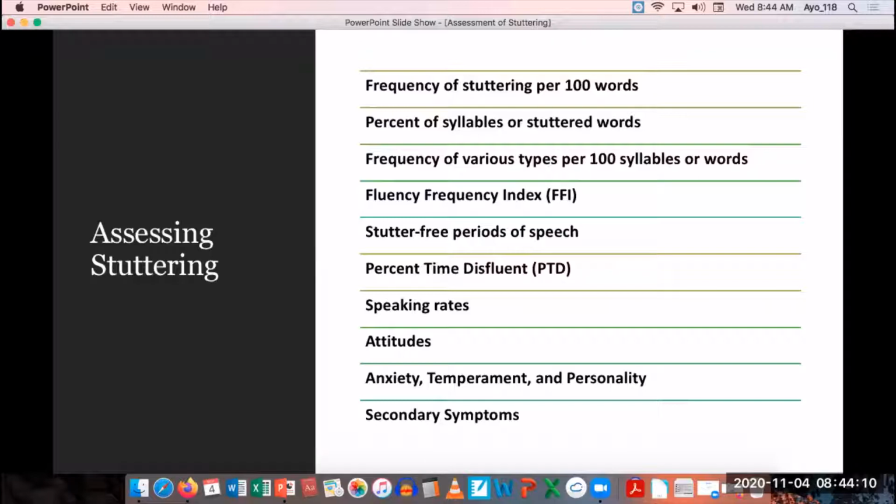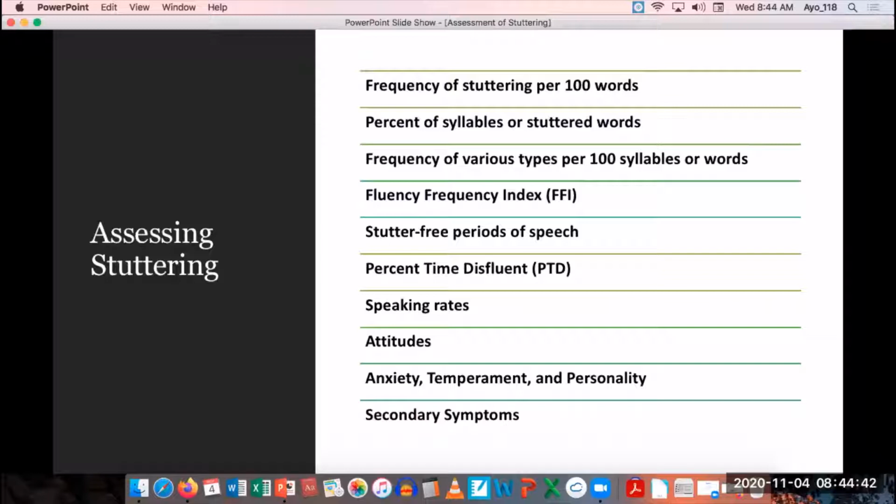So if the person has a block that progresses for more than 3 to 5 seconds, then that's going to count as an interval. You count up those intervals, and that gives you the percent of those 3 to 5 second intervals, or 3 seconds or more, because some intervals can be longer, that were disfluent. So that's another method that you can utilize.